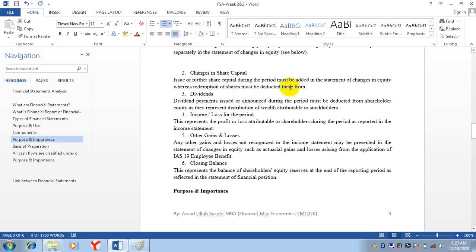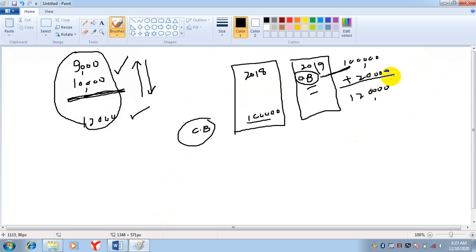Redemption of shares must be deducted therefrom. If we bought back the shares that we issued from the shareholders, in that case we will deduct it from the opening balance.